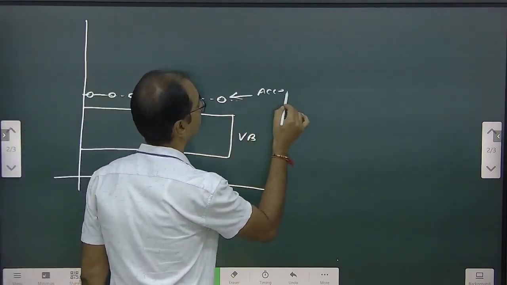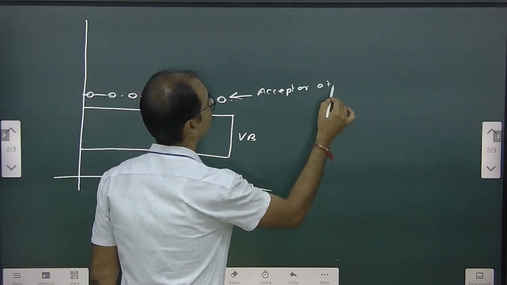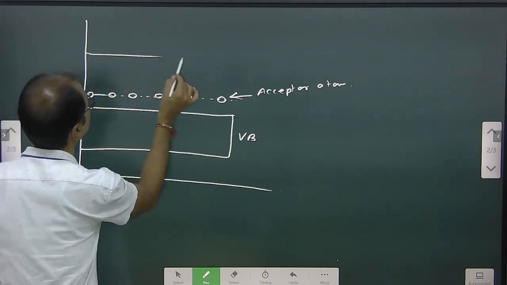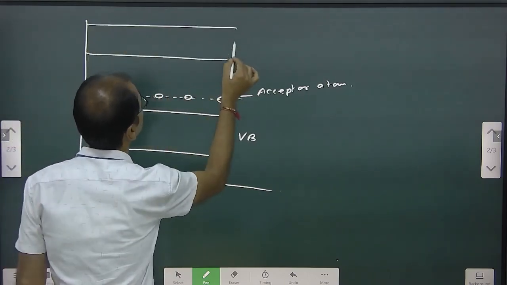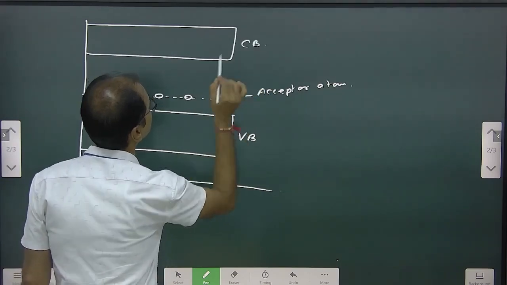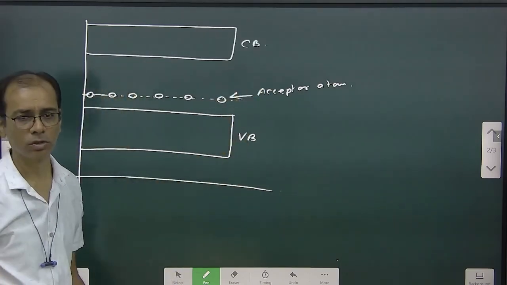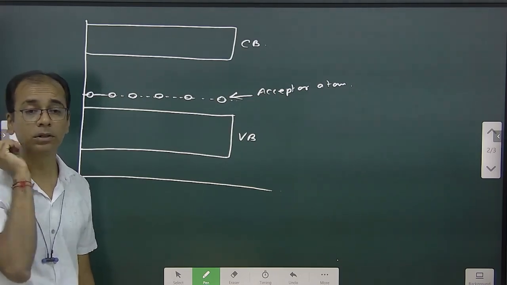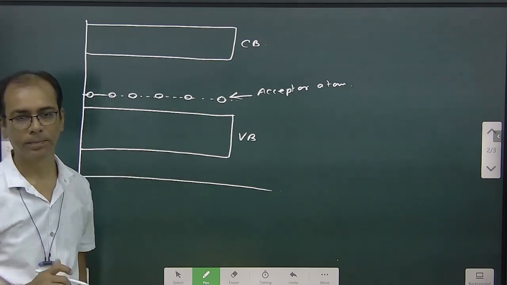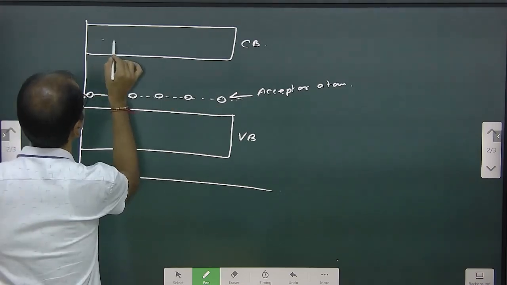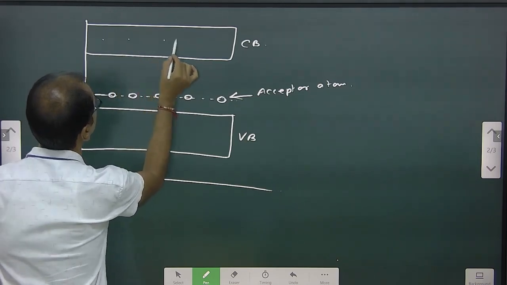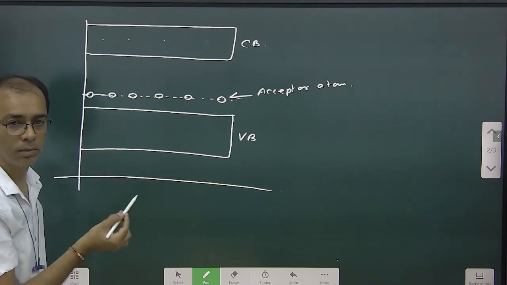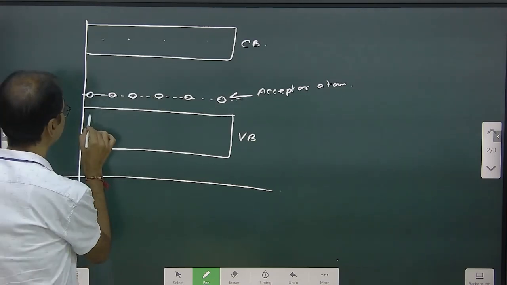This is the acceptor atom. These are holes. And here somewhere is the conduction band. Now here we can show certain electrons also, because the covalent bonds are going to break. When they break, certain electrons will go up. These are electrons. And in the valence band, the majority will be holes.